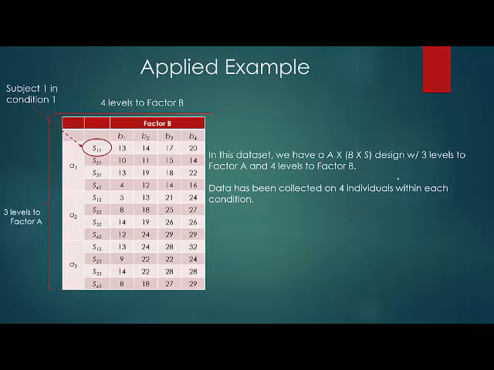Whereas we can see the last person in this data set, S sub 4-3, that's person number 4 in the third factor A condition, or the coaching condition, if we stick with this example, gave the first type of training a rating of 8, the second type an 18, the third type a 27, and for the final type they gave a score of 29.